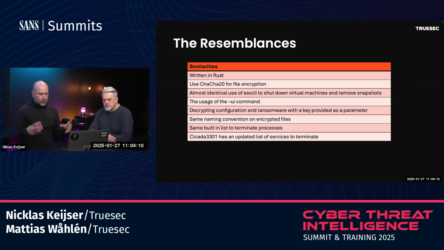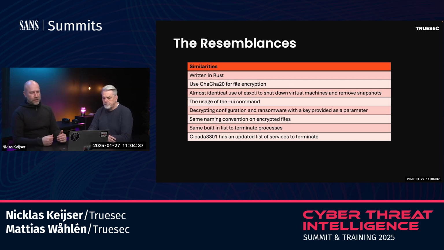So to summarize, comparing the ESXi ransomware of BlackCat with Cicada 3301, we see that both are written in Rust. For file encryption, they both use SHA-20. As I explained, for shutting down the virtual machines, they use almost identical usage of ESXi CLI.